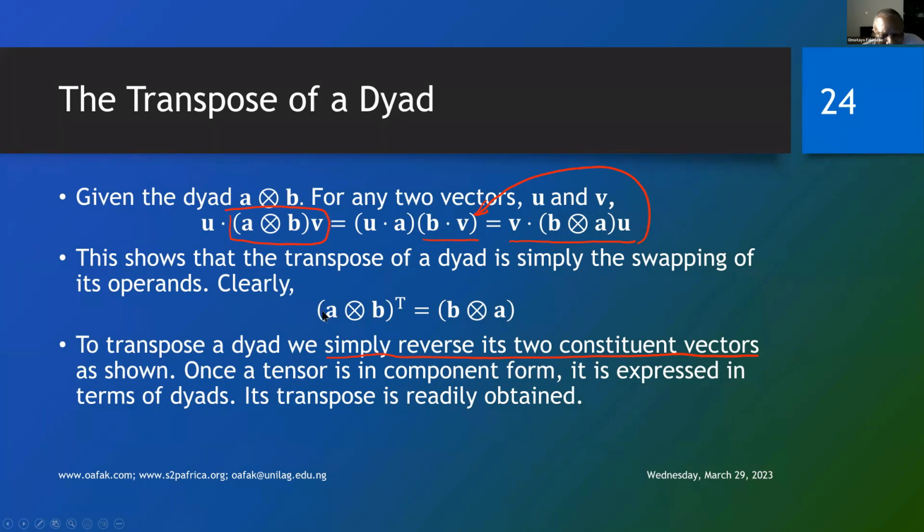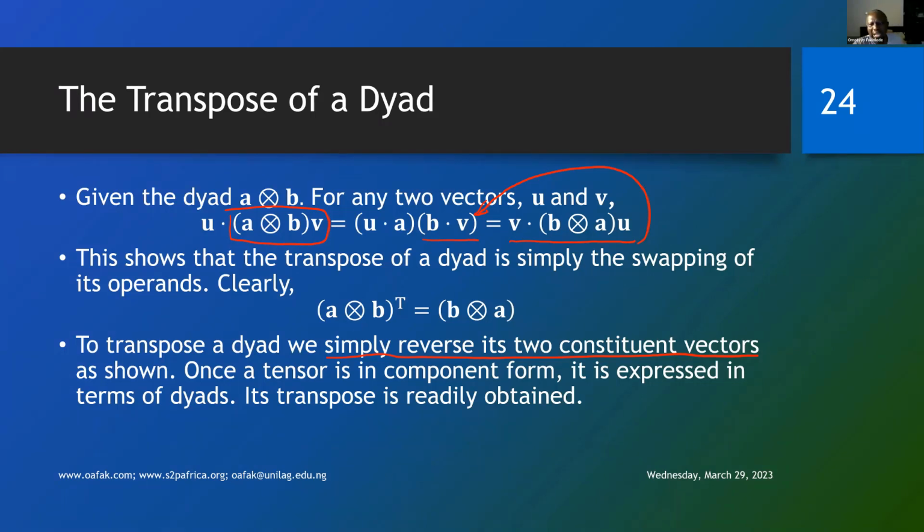That is, the transpose of A circle times B is B circle times A. So when dealing with a dyad, taking a transpose is simply reversing the order. To transpose a dyad, we simply reverse its two constituent vectors. Once a tensor is in component form, expressed in terms of dyads, the transpose is readily obtained.